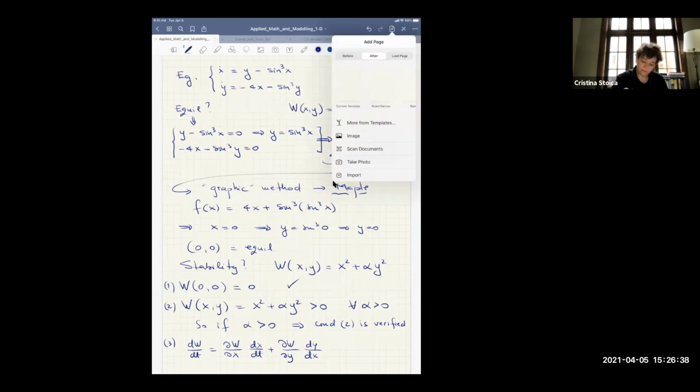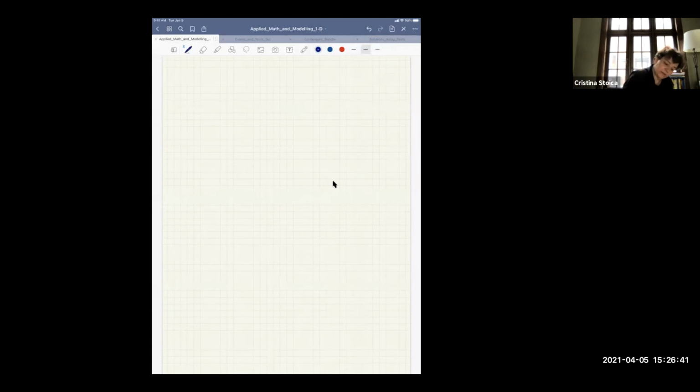Okay, so I'm flipping the page. So dW/dt, right? I'm going to write it again here, x squared plus alpha y squared. Fine. So it's 2x, okay. I'll just put it here for the benefit of everybody.